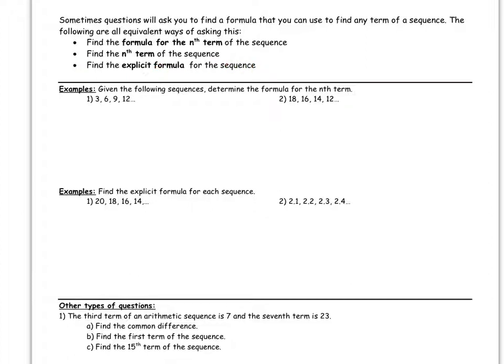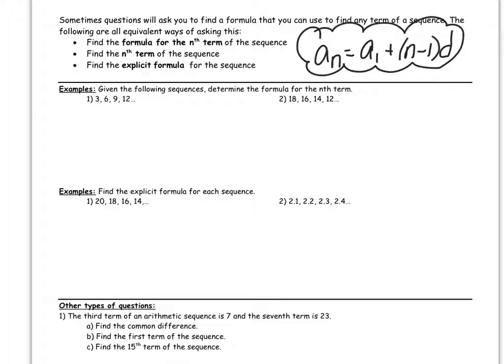So we have to keep in mind the formula to find any term that we wrote on the first page. Okay, so we're going to use this to help us find any term of the sequence, the formula for the explicit term. So it says, given the following sequences, determine the formula for the nth term.